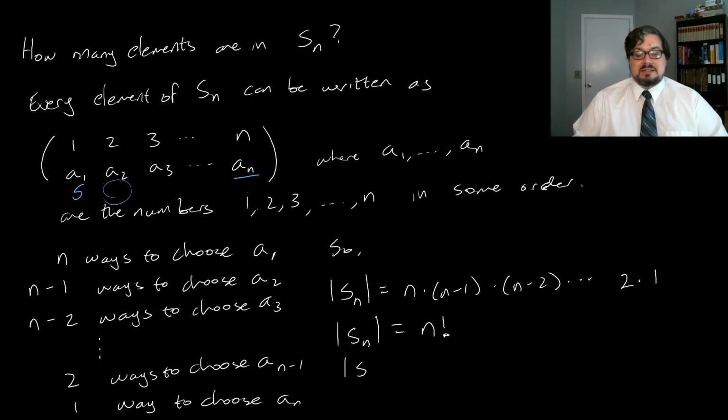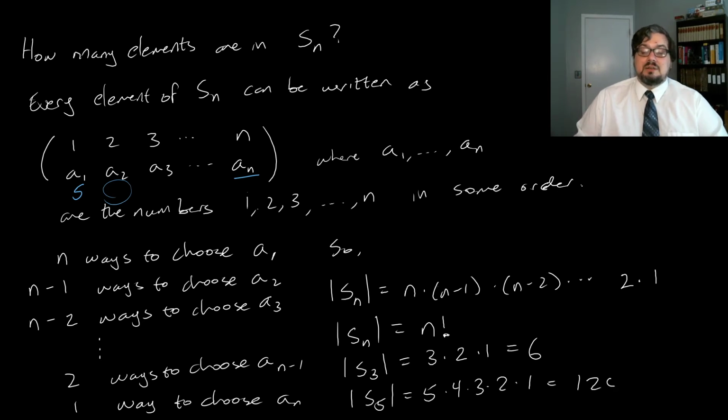So this means that the order of S_3 that we looked at before is 3 times 2 times 1, which is 6, which justifies what I was saying before. And then the order of S_5 that we were looking at earlier is 5 times 4 times 3 times 2 times 1, which is 120.